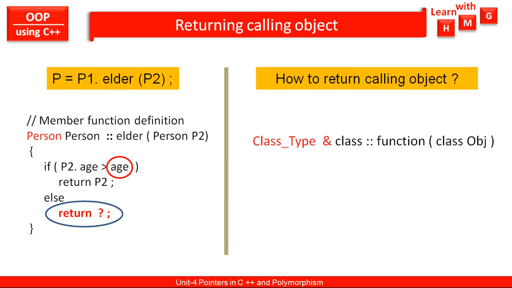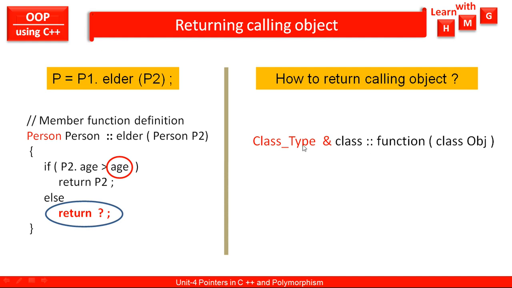So here the syntax will be like this. You have to modify your member function like this. There is the function, and this function will accept the argument object, like there is the class and object. So you have to pass one object of the type class. This function belongs to this class, so this is the scope resolution operator and class name.